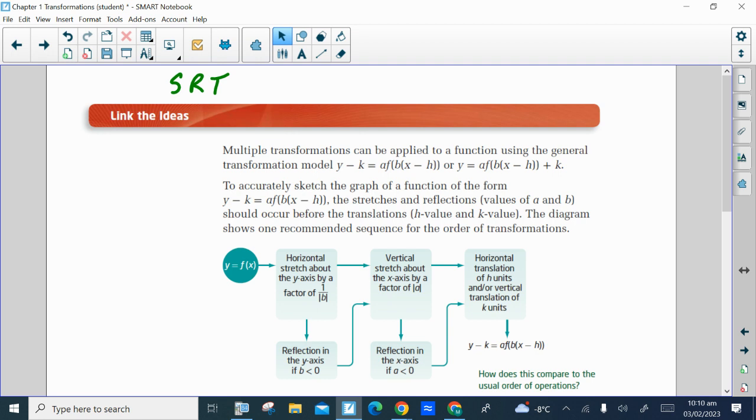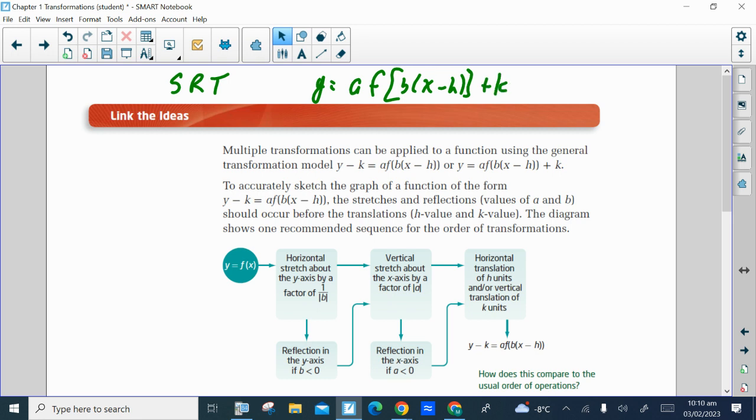The other way to look at it is that as long as you get y by itself, so you have everything on the other side, if you follow the order that the parameters appear in the equation, you're going to have your a and b first, right? Because we're going from y equals f of x to y equals a f of bracket b bracket x minus h plus k.